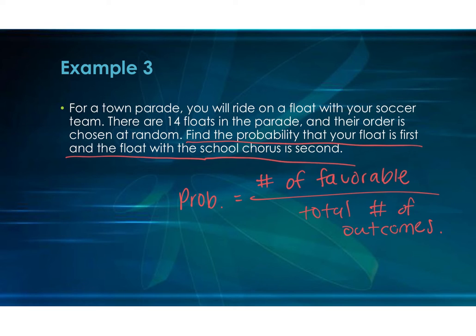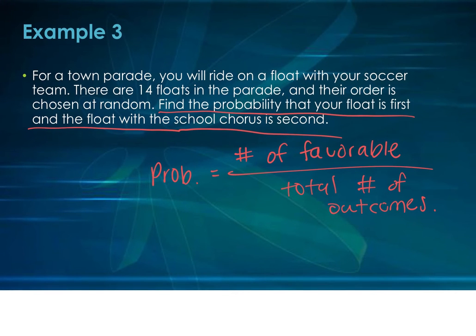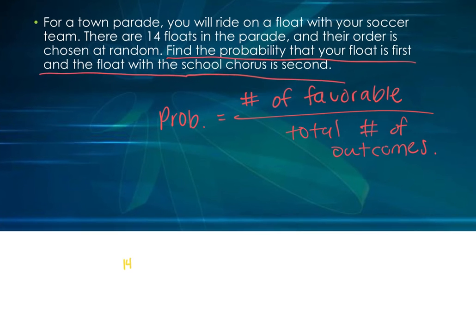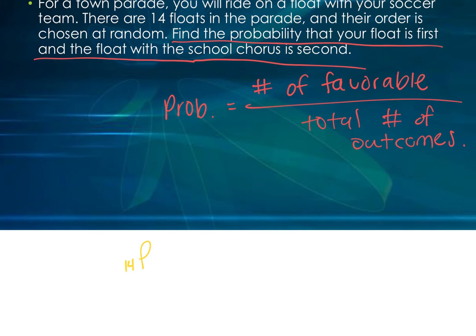Okay, so the number of favorable outcomes here, let's save that for the second part. What's the total number of outcomes, okay? Well, we would have to set up a permutation. There's 14 possible floats, right? And we're organizing them how many ways? Are we leaving any of the floats out? No. So we're organizing them 14 possible ways.